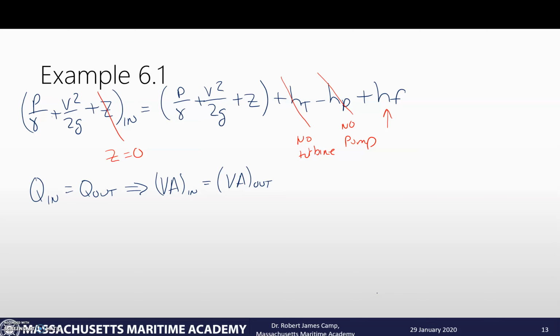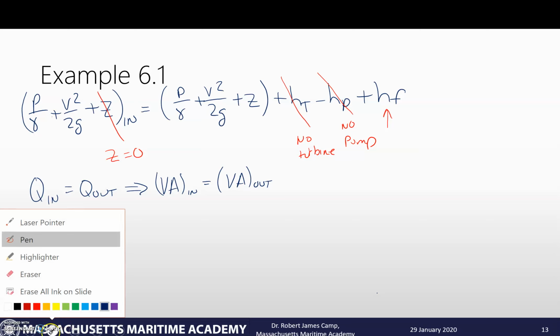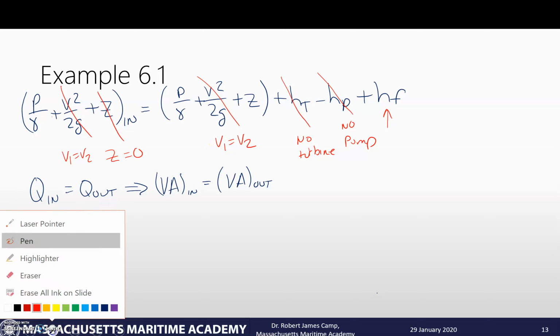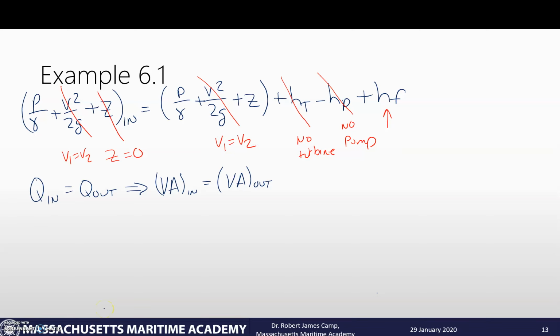Coming out is pi over 4 times 12 centimeters squared. It's the same area, so if the areas are equivalent, that tells me the velocities are equivalent. I'll be able to subtract that from both sides because V1 is equal to V2. And there, without actually starting the problem, we've now reduced a 9-term equation to 1, 2, 3, 4 terms. And so now let's just rearrange this for the head of friction.